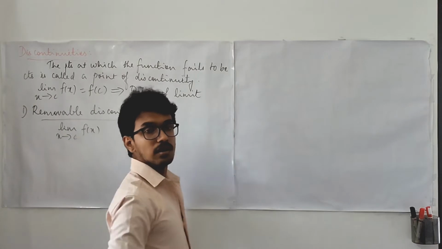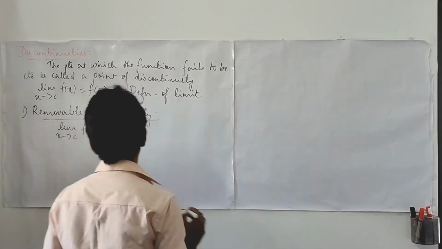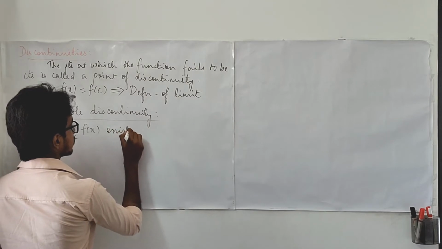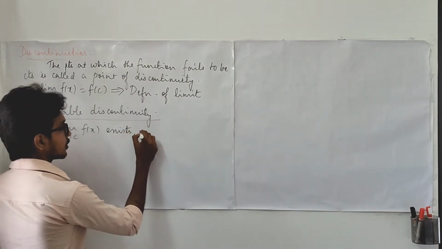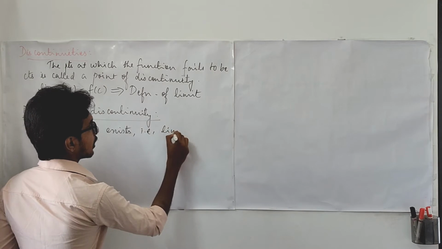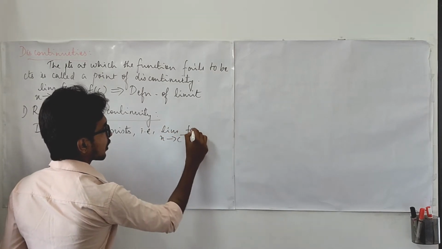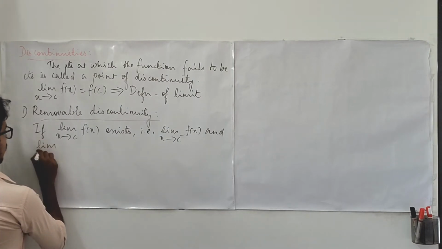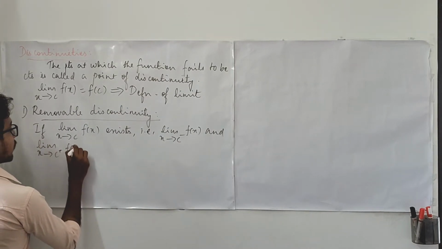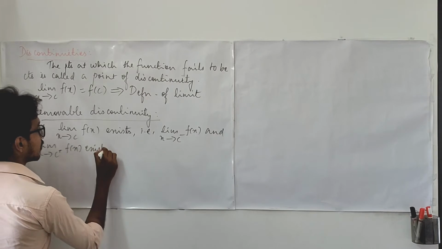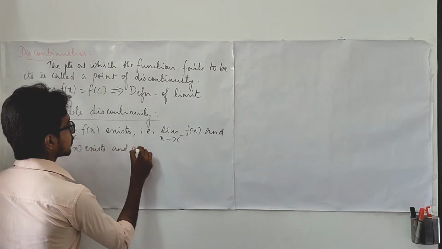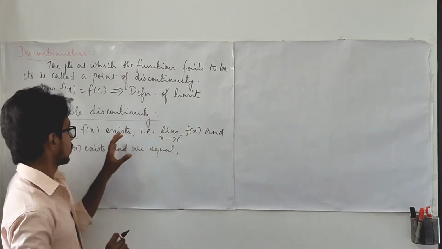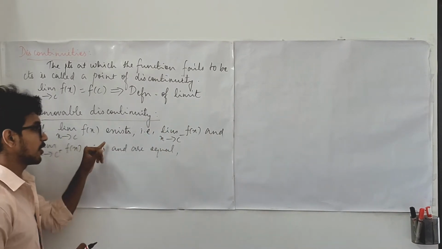If this limit exists, it means the limit as x approaches c minus of f of x and the limit as x approaches c plus of f of x exist and are equal. This is what we mean by saying the limit as x approaches c of f of x exists.